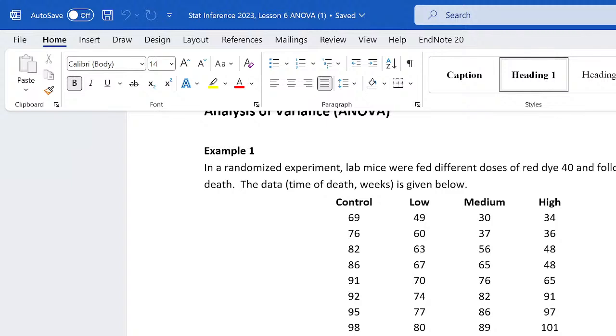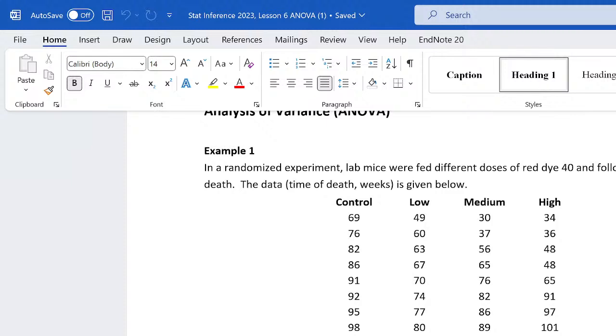So that first sum of squares that we were looking at, we call the total sum of squares, and we're going to abbreviate that as SS total. What we do, I'm just showing you by hand: we start with that first value of 69, and we subtract 75.